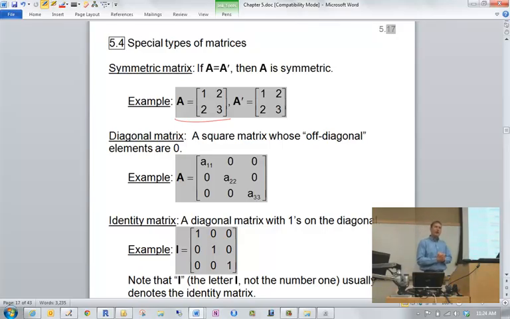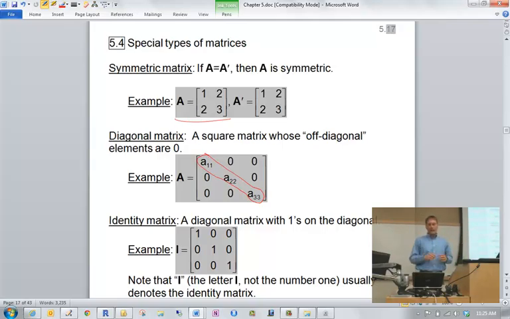There are matrices called diagonal matrices. What that basically means is that the elements that have the same row and column number could be non-zero. This is often referred to as the diagonal of the matrix, when your row number is equal to your column number. And everything that's off the diagonal is a 0.